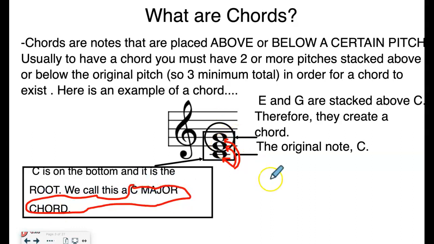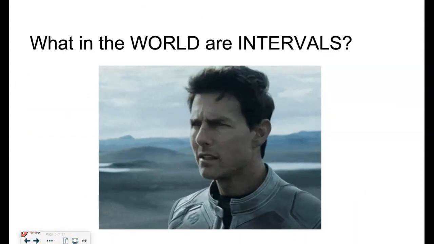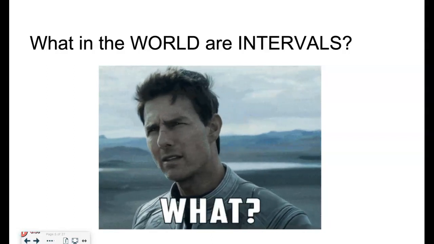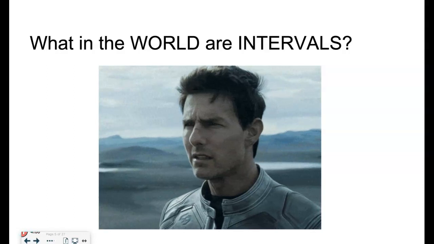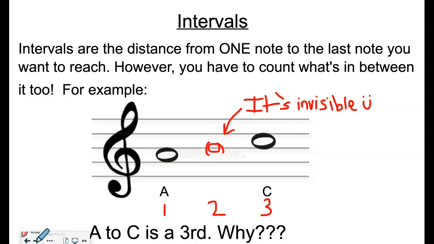All right. So remember we talked about intervals? A chord is made up of a root, a third, and a fifth. And for those of you who are probably thinking to yourself, what in the world are intervals? Well, for those of you who might have forgotten, the intervals are the distance between two notes.